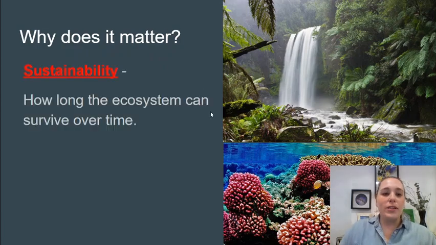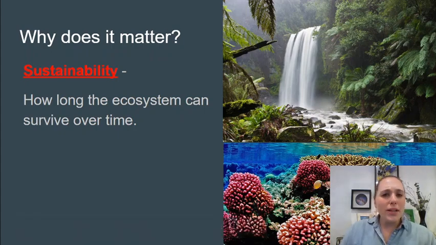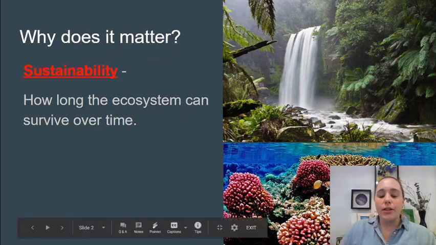Sustainability is a way that we describe how long an ecosystem can survive. And in these pictures, I picked two ecosystems that would be considered pretty sustainable because there's a good amount of life in both of these pictures. The top picture is representing a rainforest and the bottom picture is representing a marine biome.